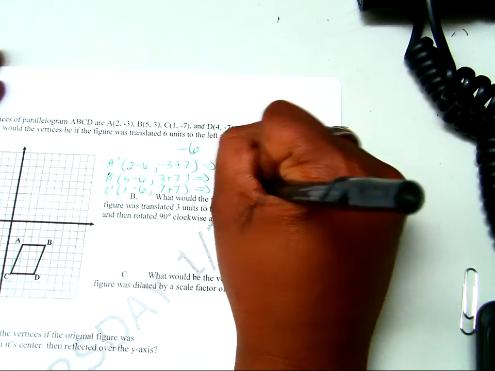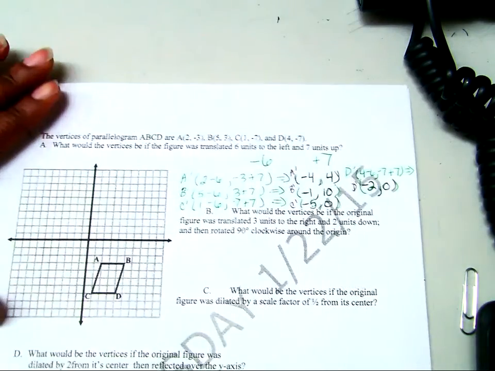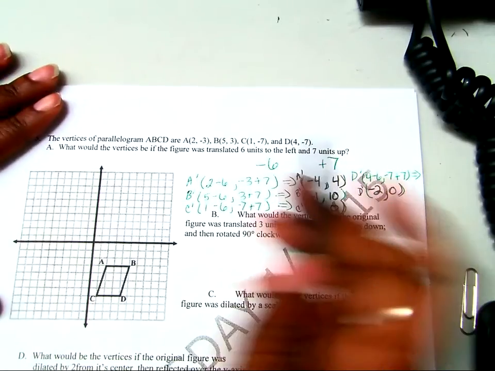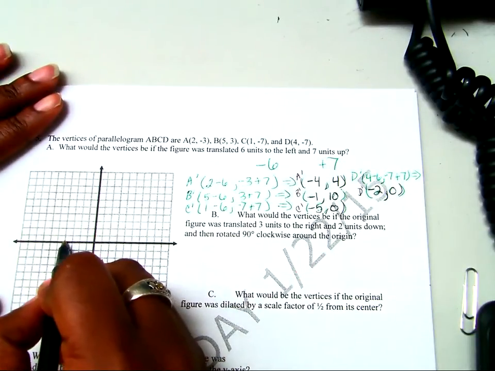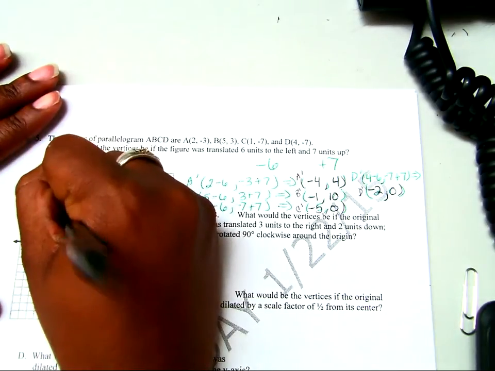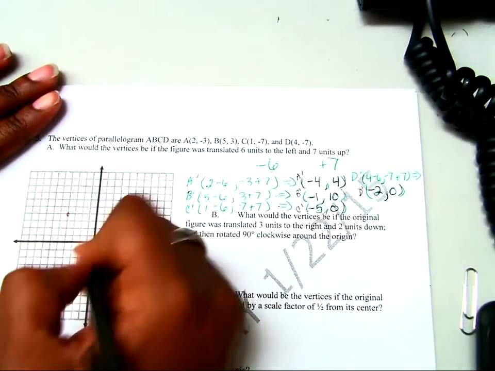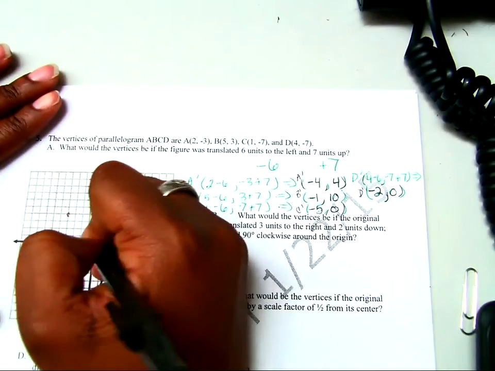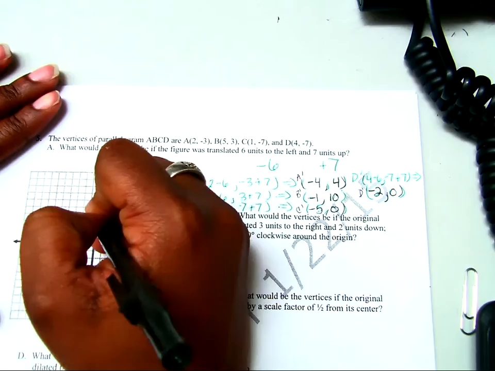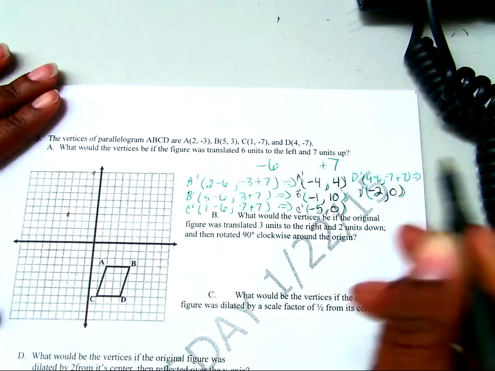All right, I can now graph those. -4, +4: 1, 2, 3, 4, and up 1, 2, 3, 4. -1, 10: -1, and then 10. 1, 2, 3, 4, 5, 6, 7, 8, 9, 10. I feel like I made a mistake.